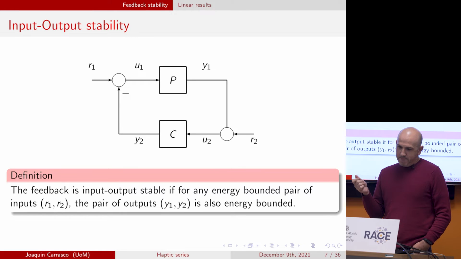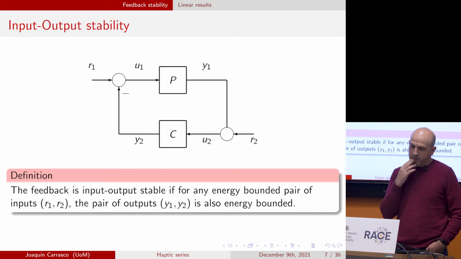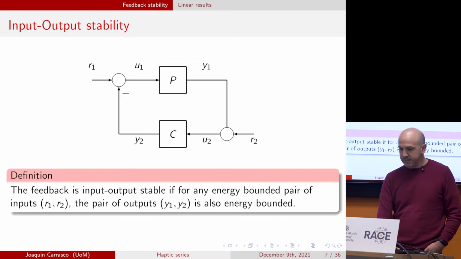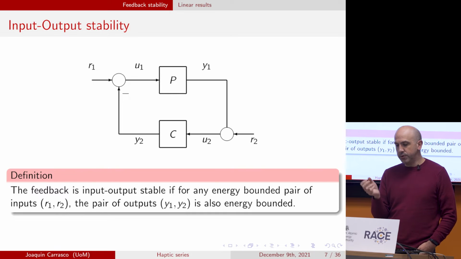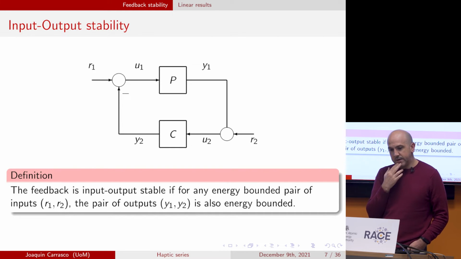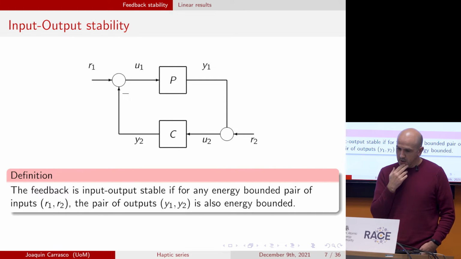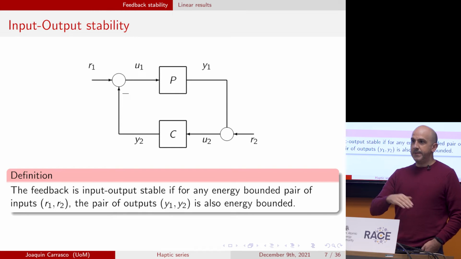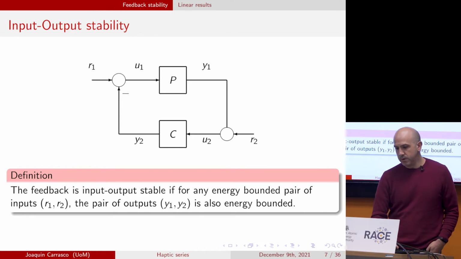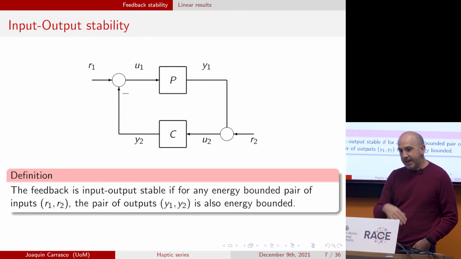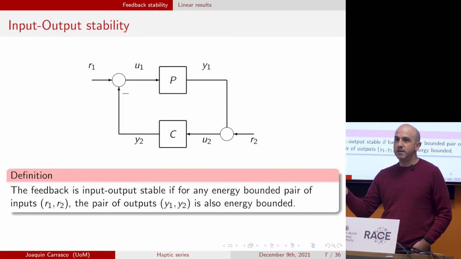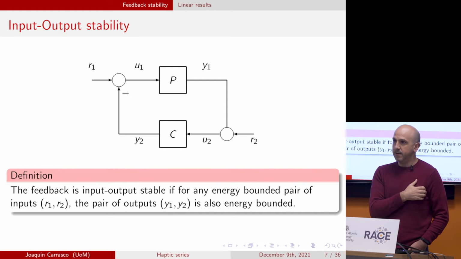The definition: when you have an interconnection between systems, between a plant and a controller, or between two different systems that are together in negative feedback interconnection, what we are expecting is, if we introduce a finite amount of energy in R1 and R2, then the energy that the system is going to produce as an output, normally the output is Y1 and Y2, but you also can consider your output to be U1 and U2, the amount of energy in the output is going to be bounded by the energy that I introduce in the input.